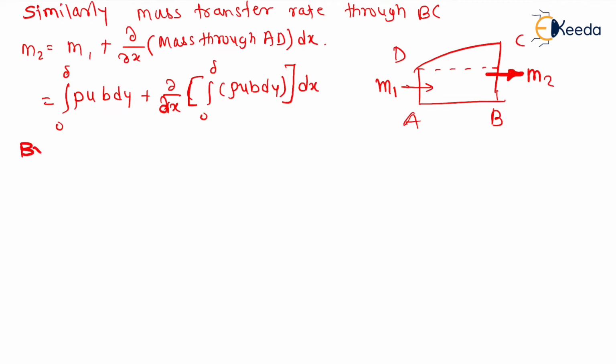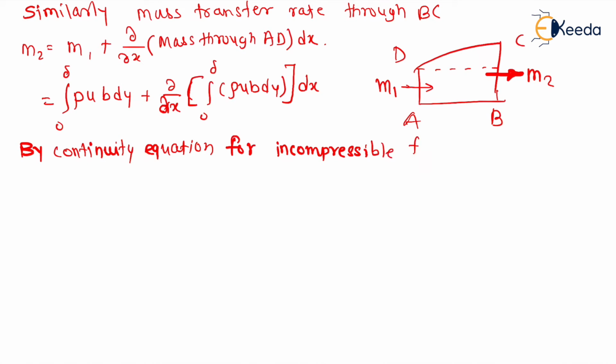So by continuity equation, for incompressible flow, I can say mass entering through DC, this is the curved portion DC, and mass entering through DC is this one.